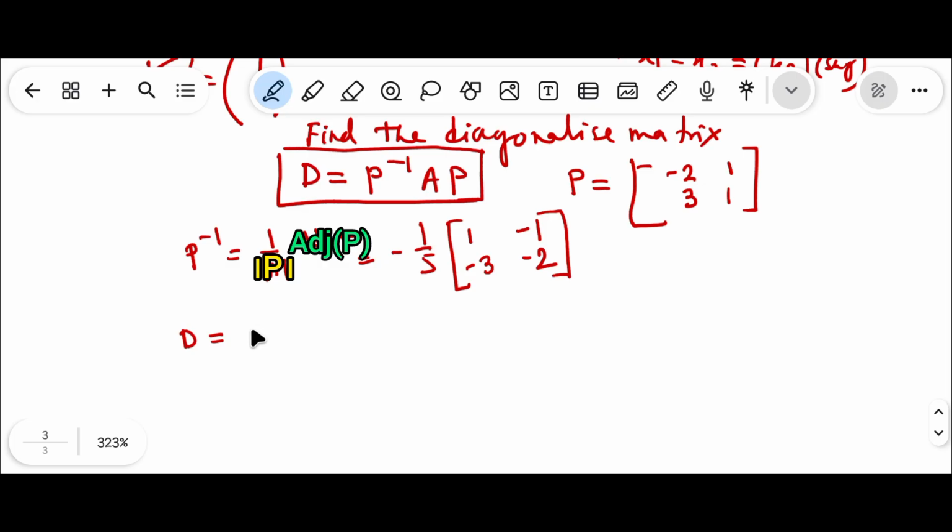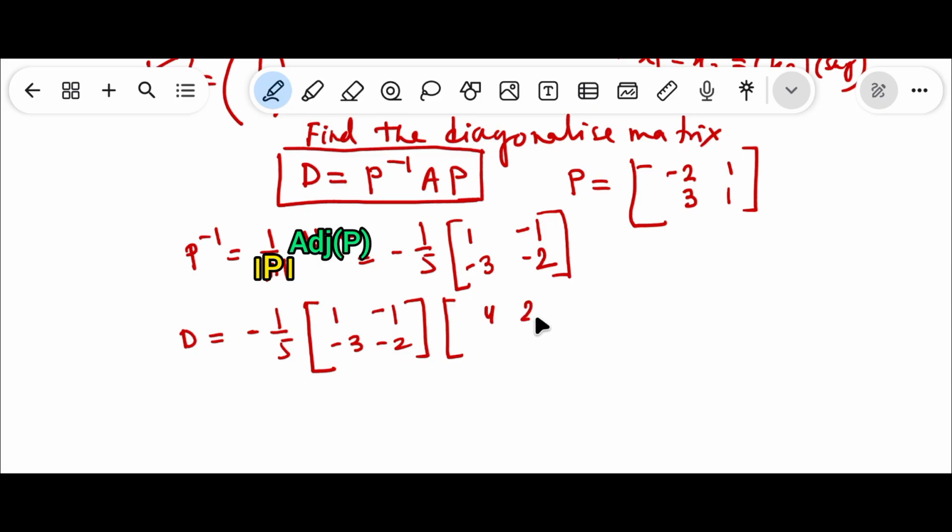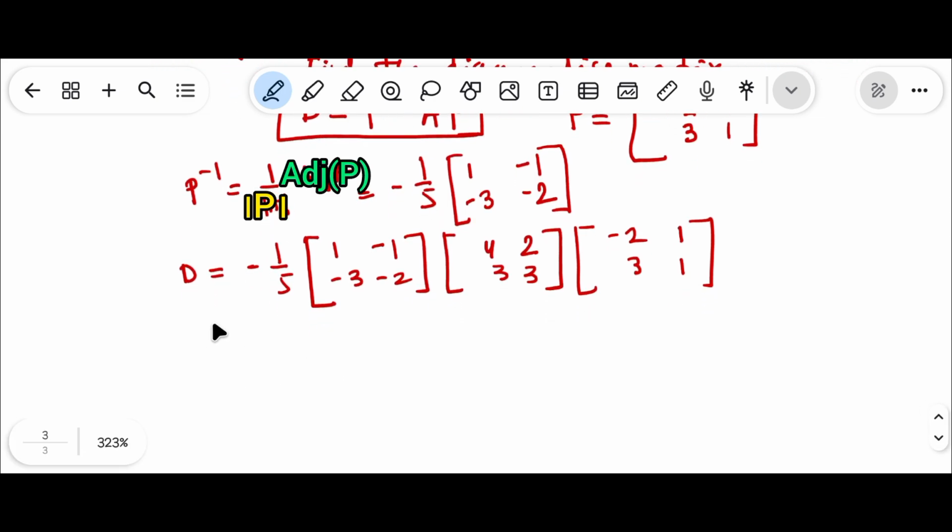Let us now write down our diagonalized form. D equals P inverse, that is minus 1 by 5, then we have 1 minus 1 minus 3 minus 2, then into A, which is 4 2 3 3, and P is minus 2 1 3 1. Okay, so let us multiply.